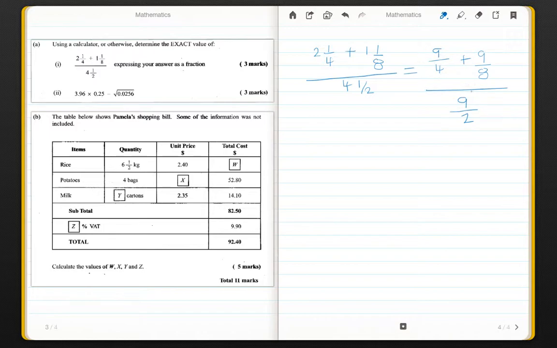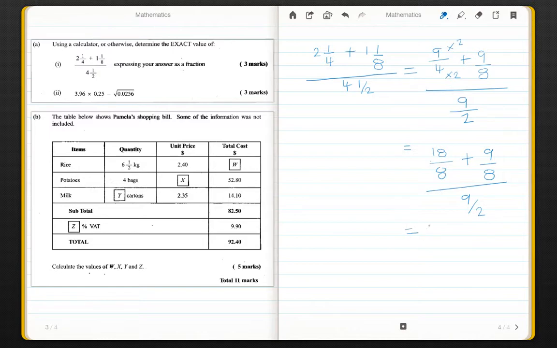So start with the numerator. I'm going to change this so that it will have the same denominator as 9/8. To do that, I multiply both the top and bottom by 2, and that will give me 18 over 8 plus 9 over 8, all upon 9 on 2.